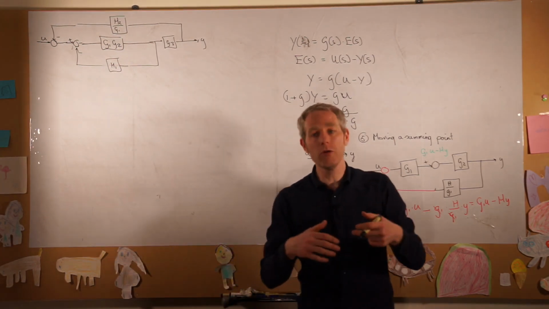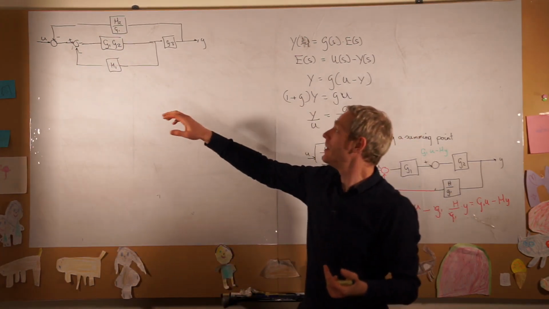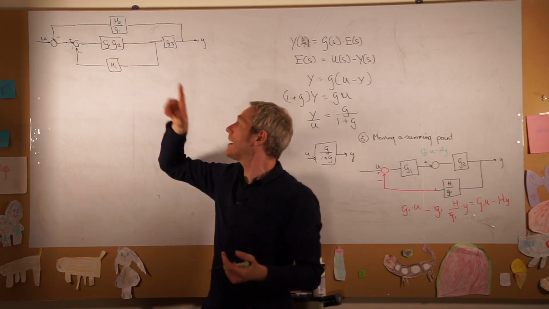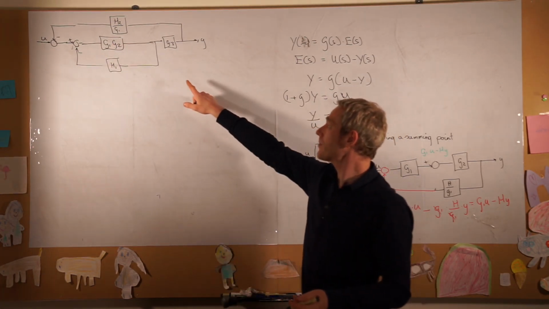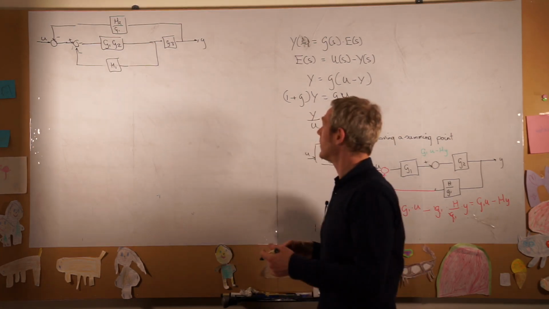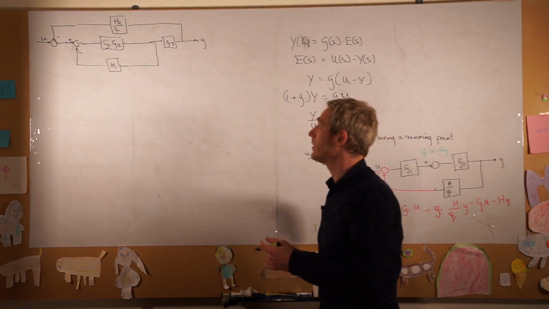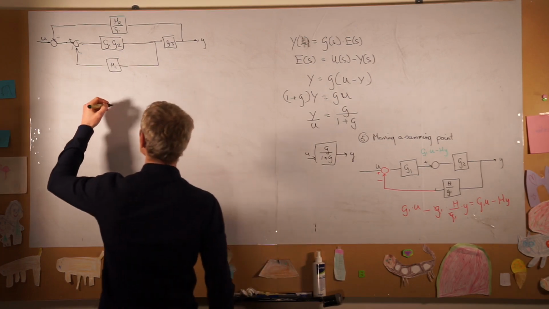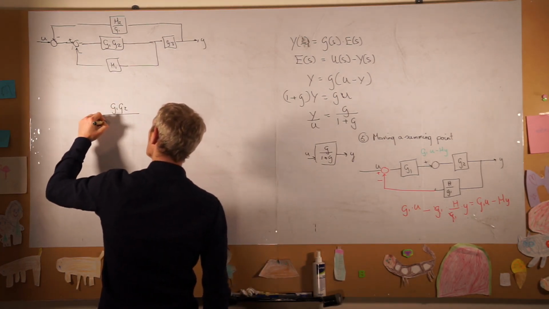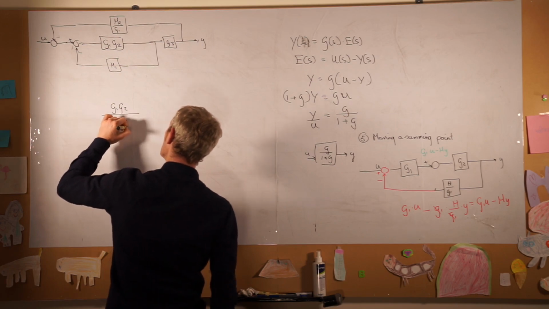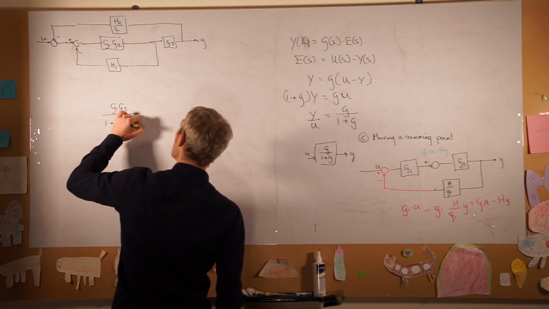Now, because the loops aren't intertwined anymore, this bit G1 and that H1 form a nice little feedback loop. This wasn't one of the cases we showed, but we can figure it out in the same way. And this now becomes a block G1, G2 over 1 plus G1, G2 times H1.